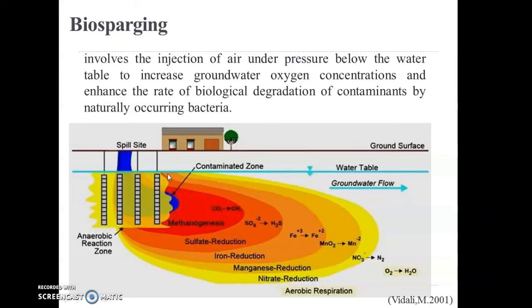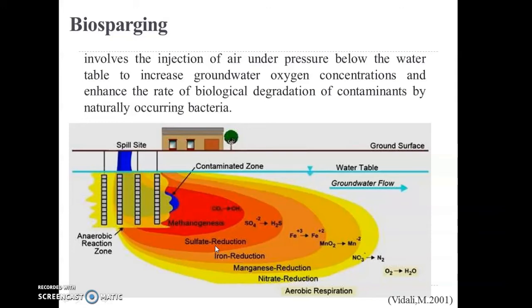So next one, biosparging. It involves the injection of air under pressure below the water table to increase groundwater oxygen concentration and enhance the rate of biological degradation of contaminants by naturally occurring bacteria. So biosparging is another technique which involves injection of air under pressure below the water table.